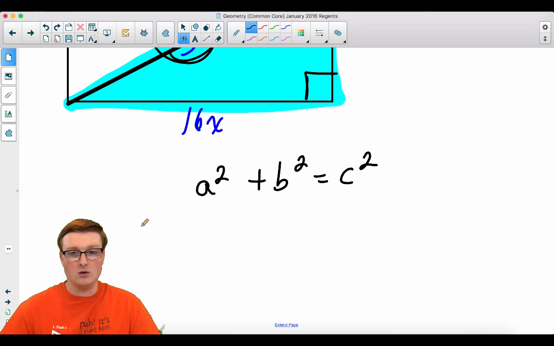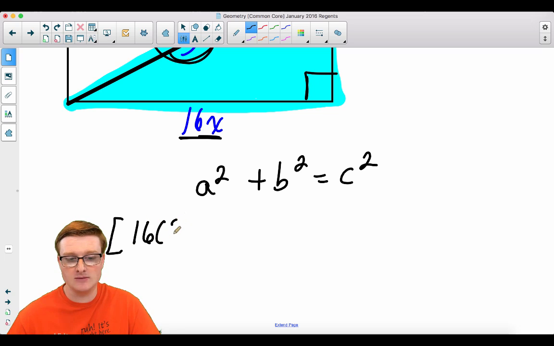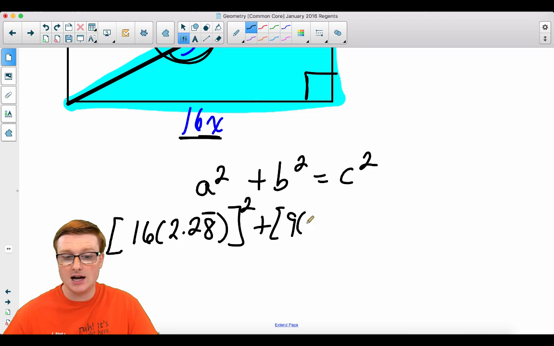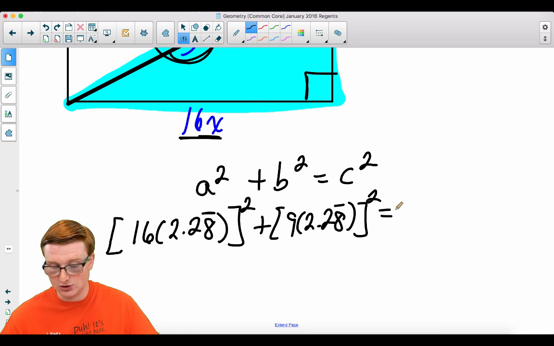So we need to really take our time with this. Your a squared is 16x, but we already know our x value. It's 2.28 repeating. So what I like to do is use brackets. So we have 16 times 2.28 repeating, and square that whole thing, plus 9 times 2.28 repeating, and you square that whole thing, and you get that to be equal to y squared.